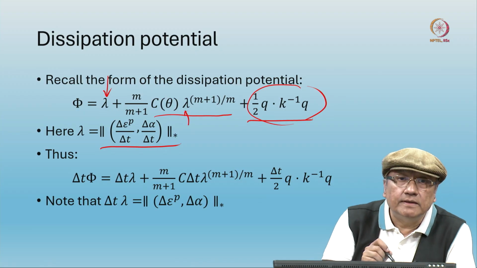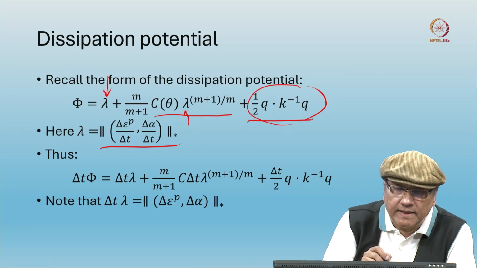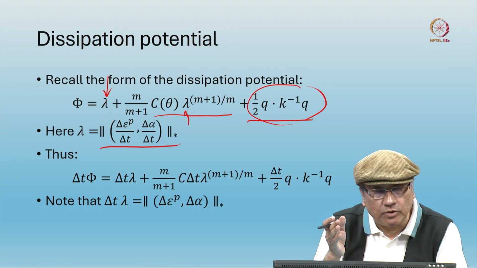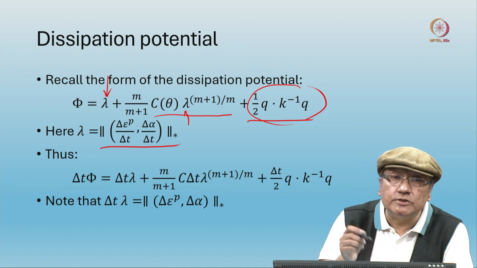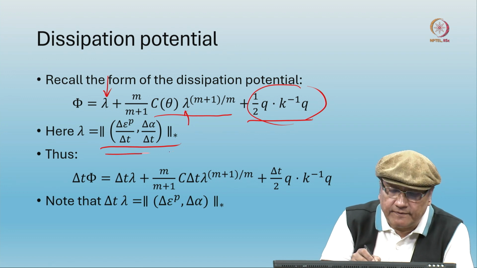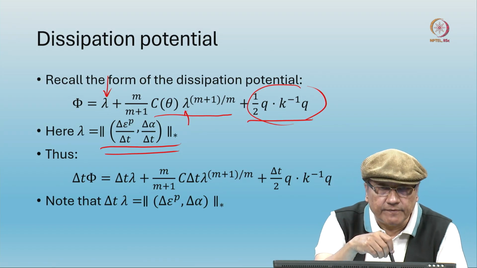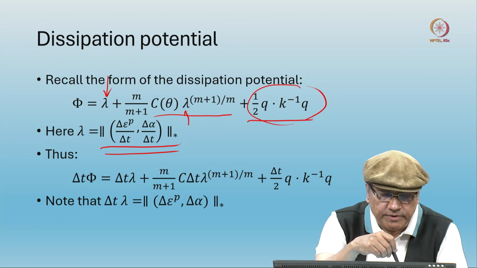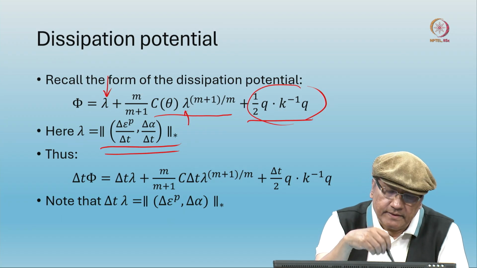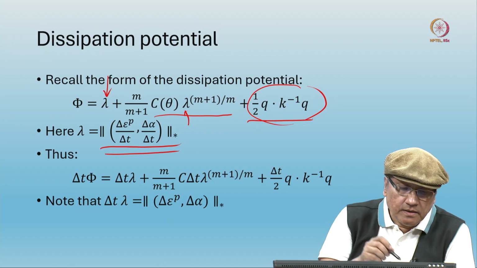Similarly here the only difference is that we really cannot take only epsilon p dot's norm, we have to take alpha dot's norm also. So this is the joint stuff, both related to the rate of epsilon p, approximately done through this finite difference, and the rate of alpha.